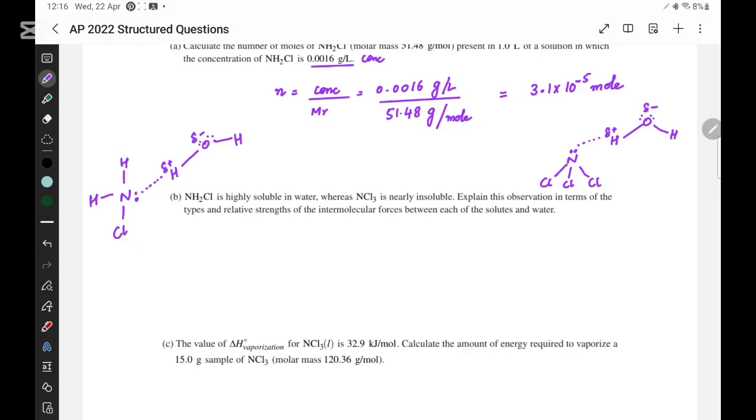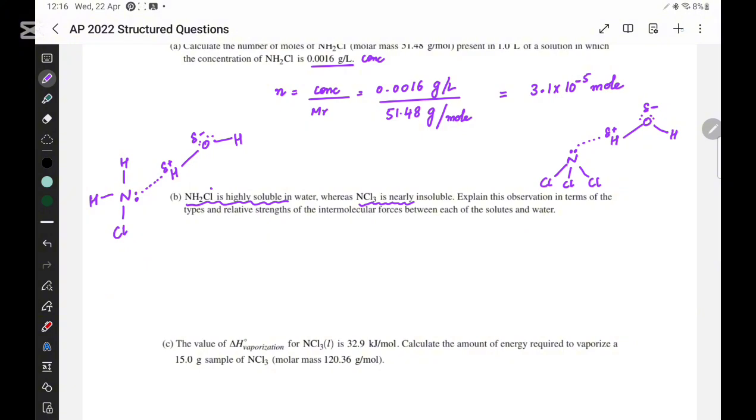So in fact both can form hydrogen bonding, both have dipole attraction to water. But why is it highly soluble? Because it is developing a stronger force of attraction between its molecule and water, whereas the other has less force of attraction. So both are having hydrogen bonding and dipole, but the NH2Cl molecule and water develop the stronger force of attraction, so their solubility is more.